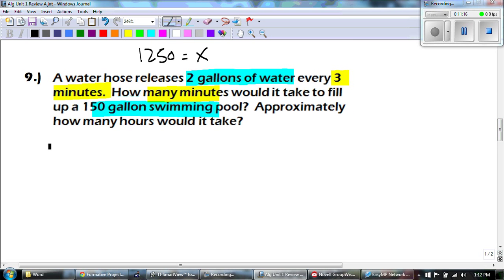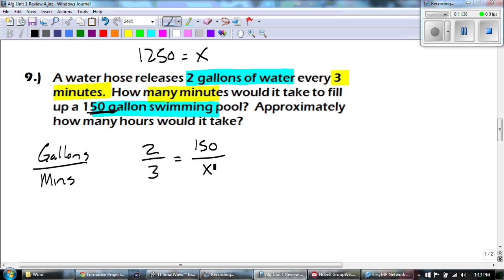So the two things they're talking about are gallons and minutes. So gallons are on the top, 2 to 3. And remember, they're telling us 150 gallons. So 150 is on the top, and this time the x is on the bottom. Okay, so go ahead and multiply.